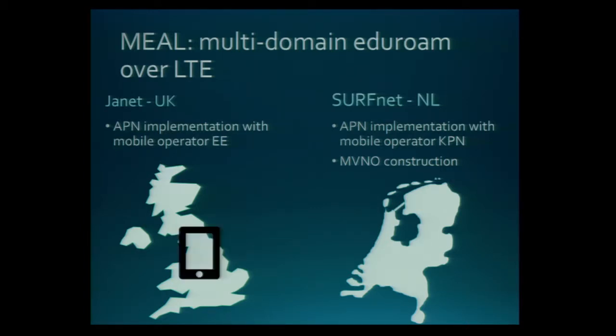This means that if you are in the UK and you travel to the Netherlands, and you switch on your phone, then traffic is no longer going to an operator, it is going to this APN that SURFnet supplies, and then we handle the traffic on behalf of the people from Janet in the UK. And of course, the same happens when people travel from the Netherlands to the UK. Traffic will then be routed to the APN of SURFnet, and it's just configured on your phone which APN to use.